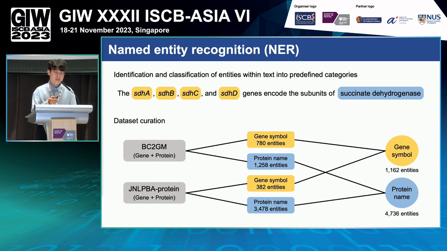Although there are existing datasets which contain the categories of genes and proteins, they consider genes and proteins, the two categories, as the same category, while we want to separate them into 2 categories. So we reconstructed the dataset by separating the 2 categories from the existing datasets and combining them into each category we want to identify.